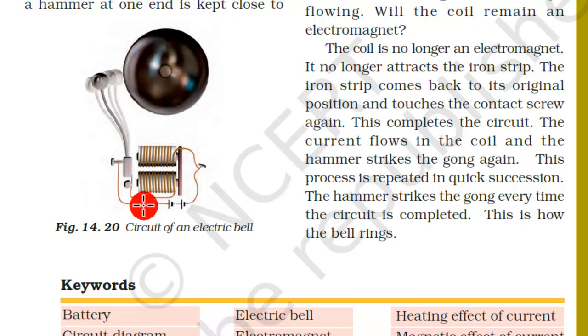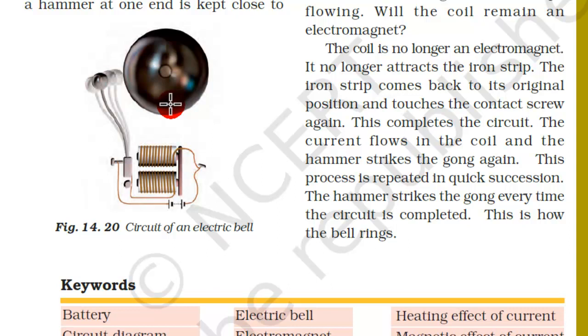It consists of a coil of wire wound on an iron piece. The coil acts as an electromagnet. An iron strip with a hammer at one end is kept close to the electromagnet. There is a contact screw near the iron strip.